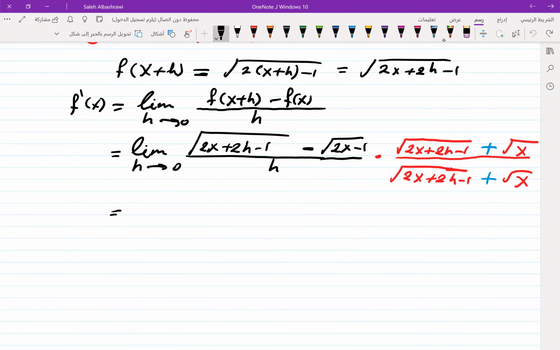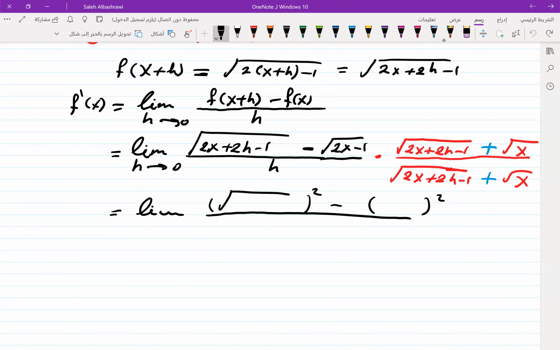This will give me the limit of the first term squared minus the second term squared. It is a plus b multiplied by a minus b. So 2x plus 2h minus 1 squared and, sorry, the conjugate is not square root of x. It is 2x minus 1.